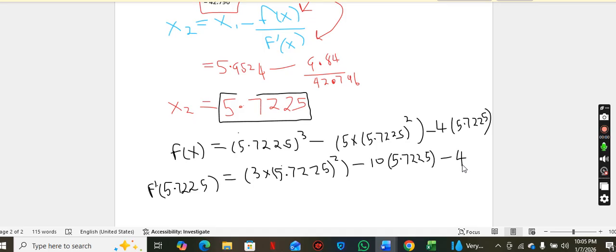The first one, it's 0.772. The second one, it has given me 37.016.